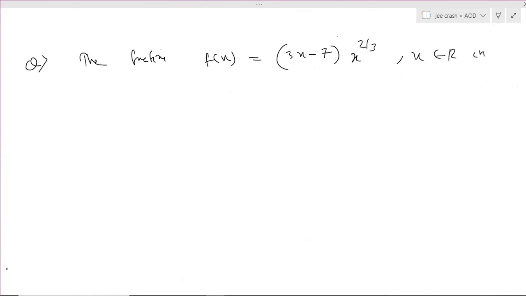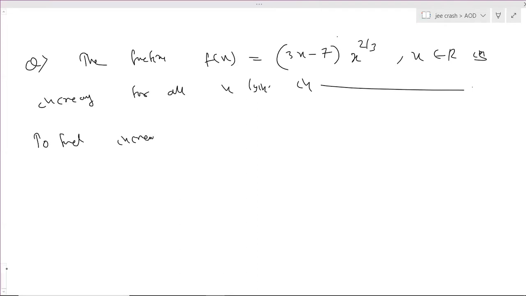The function f of x equals to (3x minus 7) times x to the power 2 by 3, x belongs to R, is increasing for all x lying in dash. All right, they have given all the options. So to find increasing, decreasing, what you have to do?